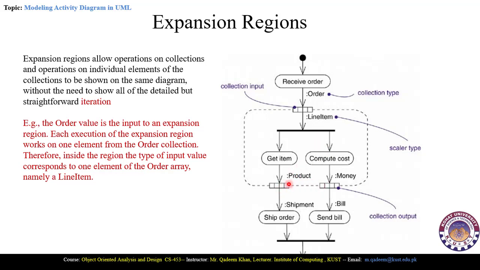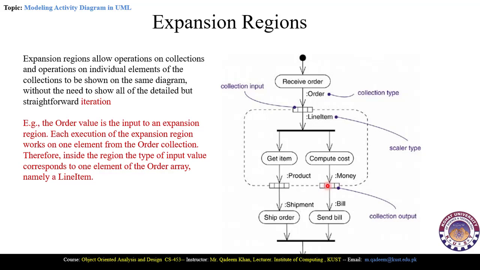Similarly, here you can see that one or more products will be processed, and similarly one or more money for the orders, which are the different costs of the orders. So these are computed here. This is the money, meaning 1, 2, 3 and so on. Usually we provide four boxes, but that represents one or more.